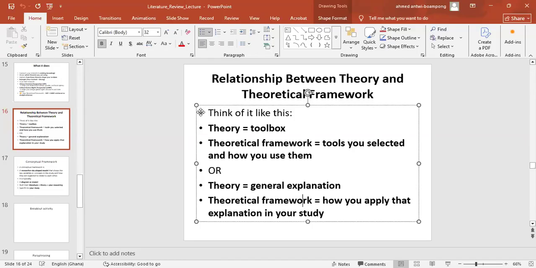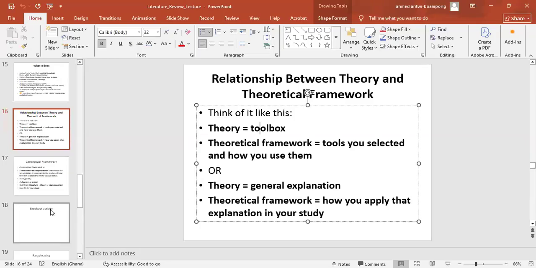And it makes your findings or your arguments academically defensible. And it also shapes your data analysis. And so with that said, the relationship between theory and theoretical framework: look at theory as your toolbox, and then your theoretical framework as the tools that you select and how you use them, right?